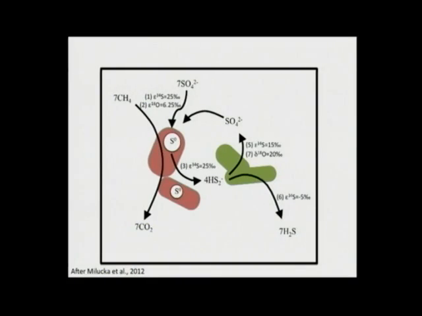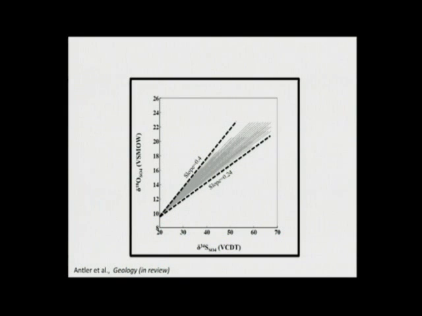Now, I don't want to dwell on this a lot, but I also need to explain why we are getting this unique isotopic fingerprint. The main problem is that we don't know this process very well because we are not able to isolate the consortium that's carrying out the anaerobic methane oxidation. But if we give values for the fractionation of sulfur and oxygen from what we know from the literature based on other processes, we can do a sensitivity analysis.